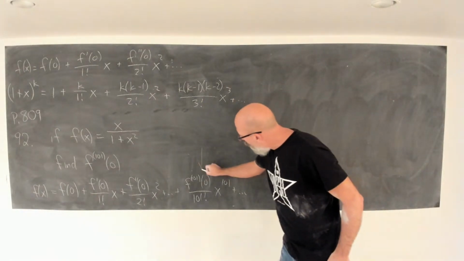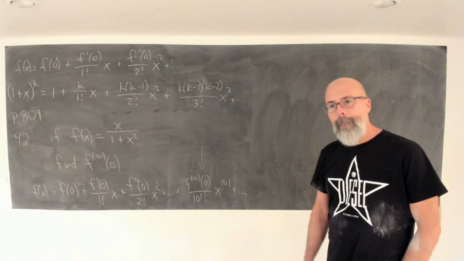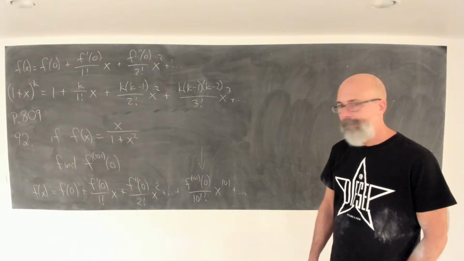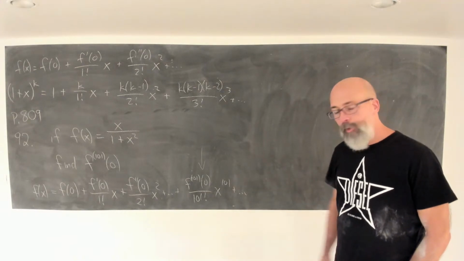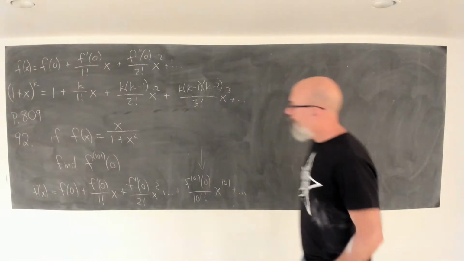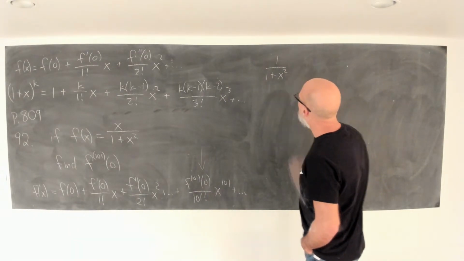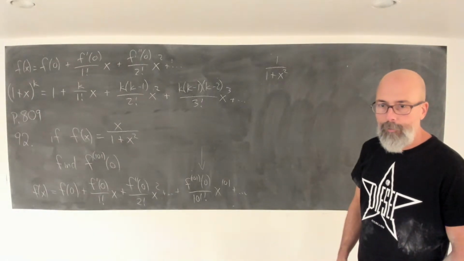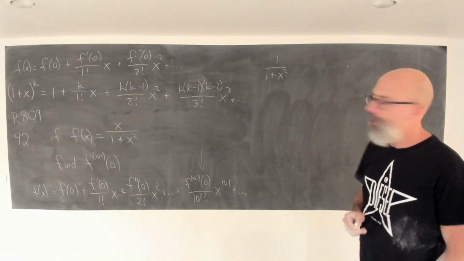You see that the 101st derivative at 0 is right here. It's a beautiful observation, no? So if we find the Maclaurin series for the function, and let me start with 1 over 1 plus x squared. You know why. Don't ask me why. You know exactly why.